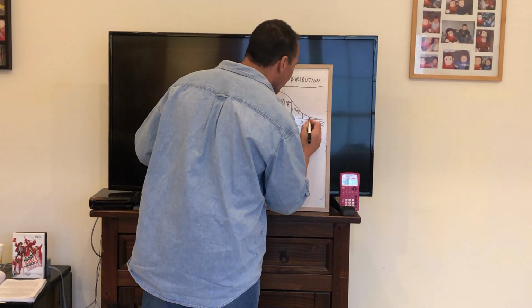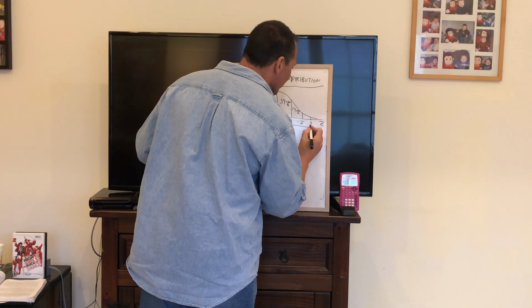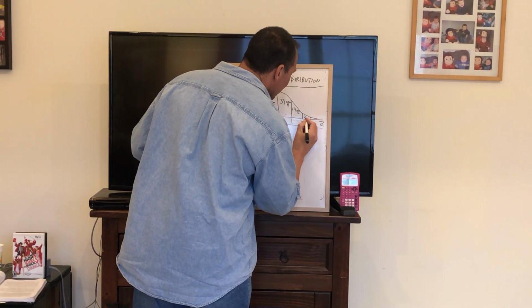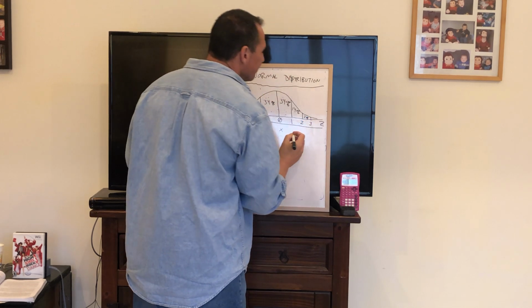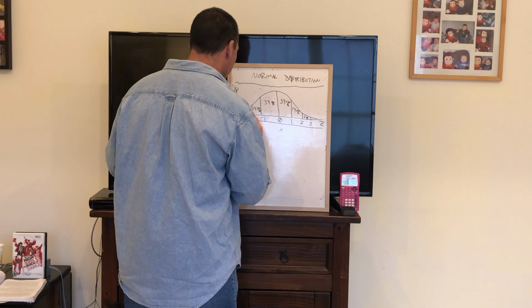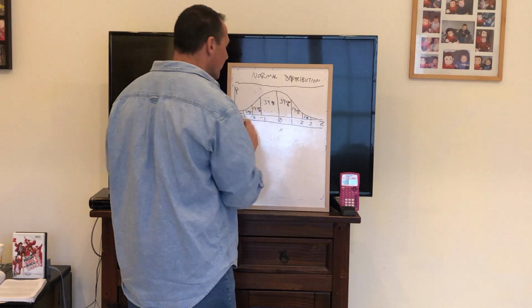Now, right here, I'm going to put a z of 3. And I'm going to put 2% right here. And over here, I'm going to put a z of -3. And I'm putting 2% right here.